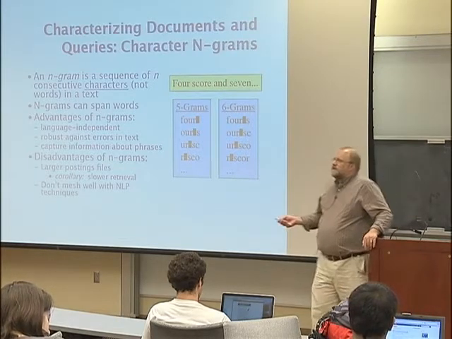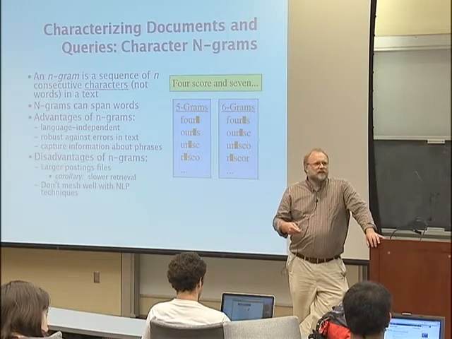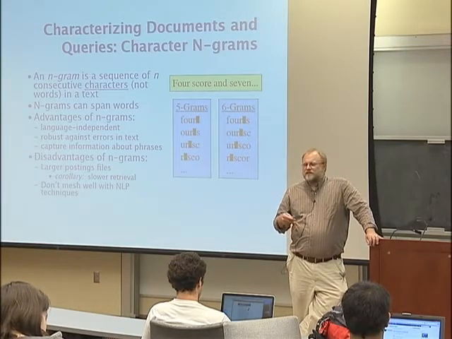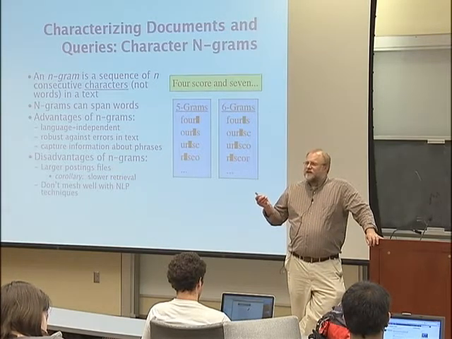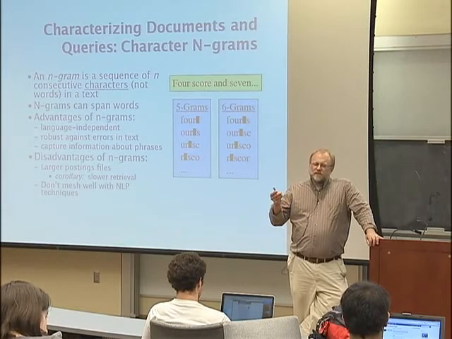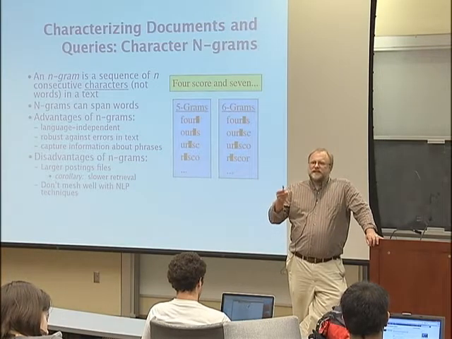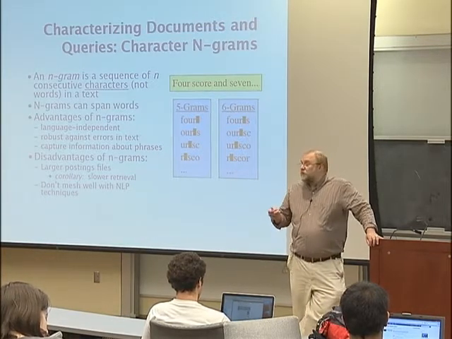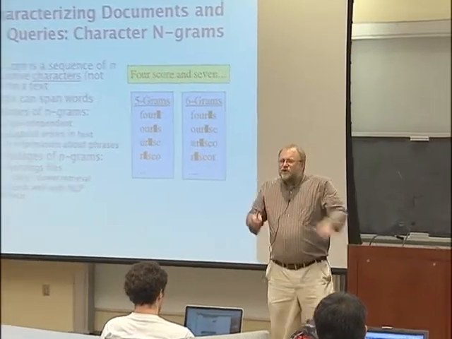It wasn't until some years later that this guy Mark Damashek said, why don't we use n-grams as full-blown indexing terms, and don't just have n-grams of 3 for dictionary compactness. Let's grow n to 5 or 6.